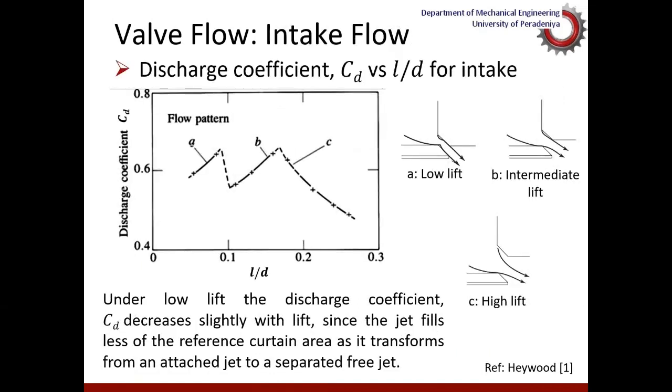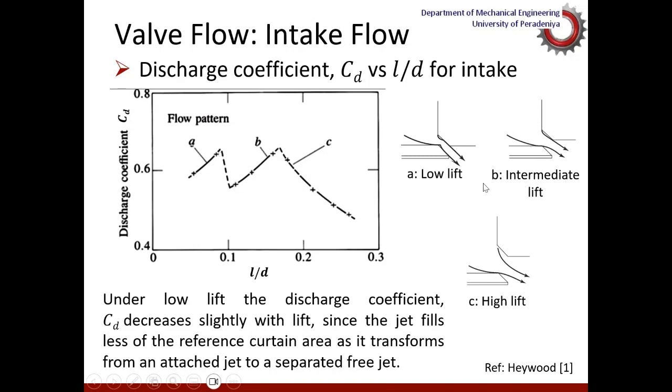Now this shows the discharge coefficient versus L over D for intake valves. You can see there are three segments, A, B, and C, where A represents low lifts, B represents intermediate lifts, and C represents high lifts. The coefficient is slightly increasing with the increased value of L over D. But again, due to flow separation, it drops.